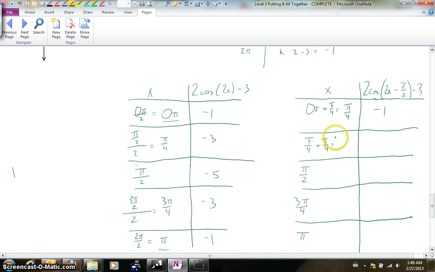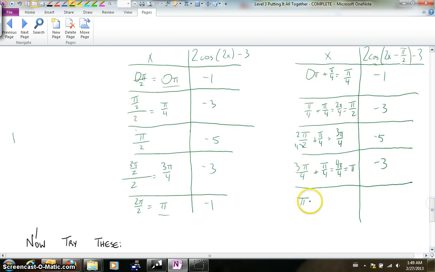That's 2 pi over 4, which reduces to pi over 2. Then we've got pi over 2 plus pi over 4. We could use a common denominator there, so that's 2 pi fourths plus pi over 4. That's 3 pi over 4. And then 3 pi over 4 plus pi over 4, because we're going to the right, pi over 4 gives us 4 pi over 4. That's equal to pi. So fill in our y values on those.